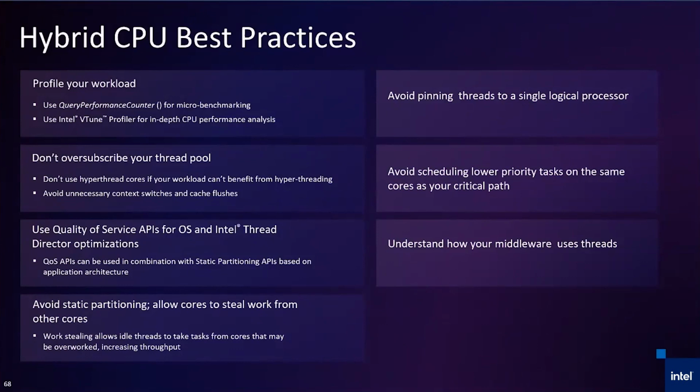I often take a single hybrid system and enable and disable cores to see how that affects the OS. There's a few APIs that become useful as you look at this. The quality of service APIs allow you to actually send certain work, such as background threads, to the E-cores without the need to use hard affinity. That allows a lot more flexibility for the OS to schedule where it thinks is best.